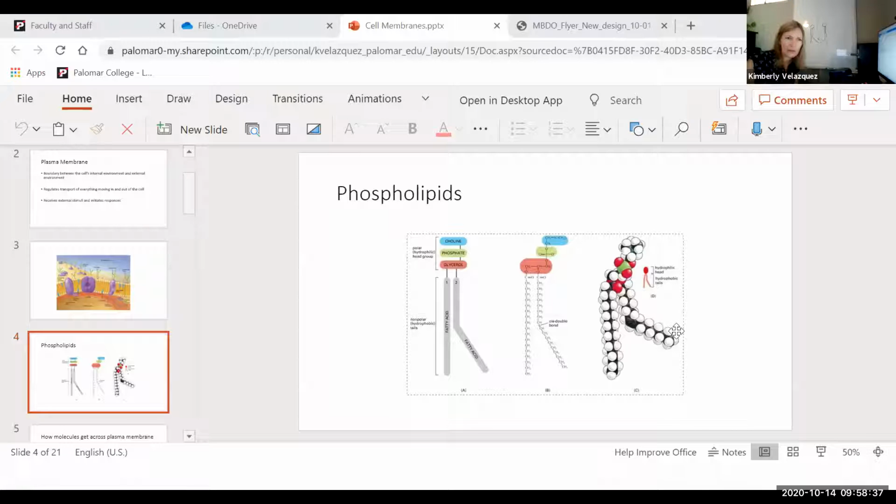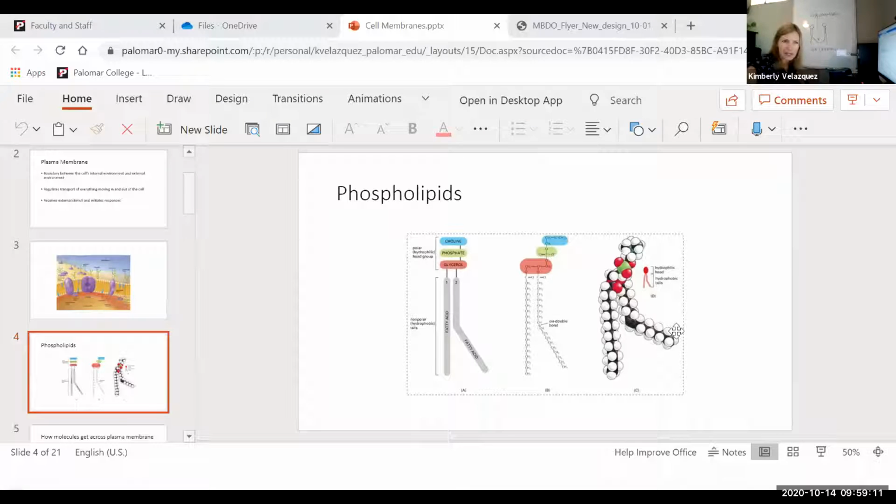And remember that diffusion takes place from an area of high concentration to an area of low concentration. And of course, this would be a bilayer. We'd have the phospholipids on this side too. But that bend in the chain is what is allowing that space for simple diffusion to occur.